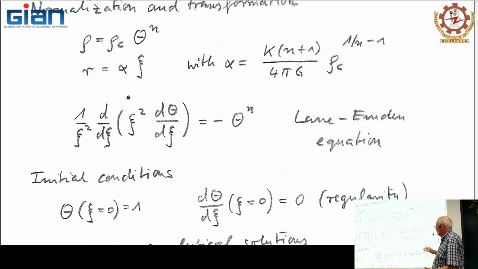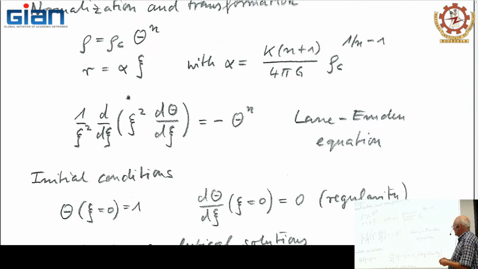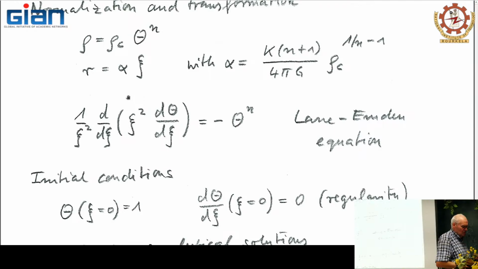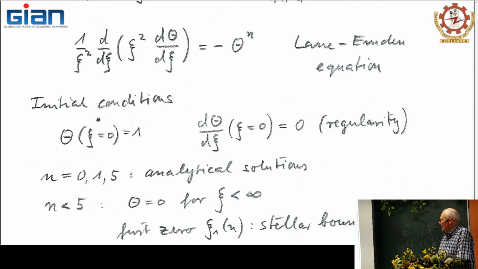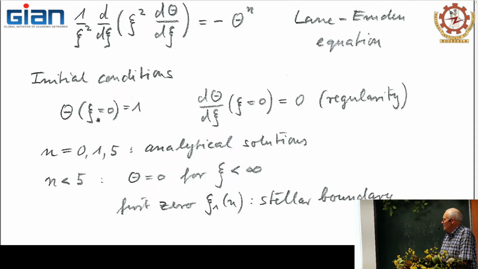So we have enough conditions to solve this equation. The equation must be solved together with these two initial conditions. So we have an initial value problem to be solved, to provide a function theta which represents the density structure of the polytrope.